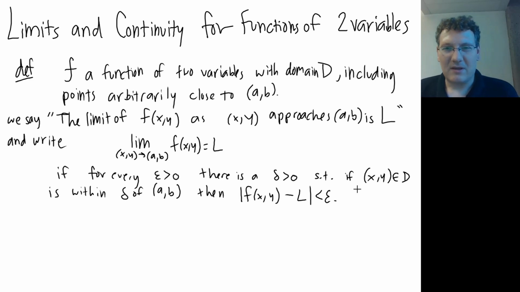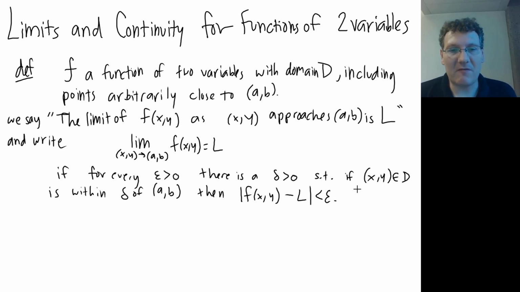Okay, so here's the epsilon-delta definition of the limit for a function of two variables. Take a function f of two variables with domain D, where D includes points that are arbitrarily close to (a, b), but not necessarily the point (a, b) itself.